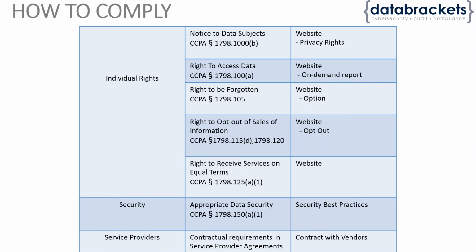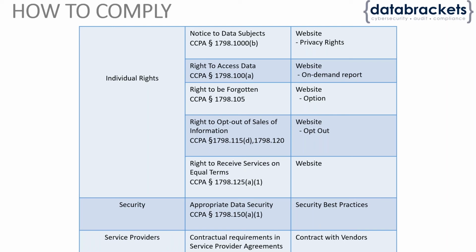As you could see, most of the requirements fall into three main categories: individual rights, security, and service provider. Security is going to be the majority of the requirements.